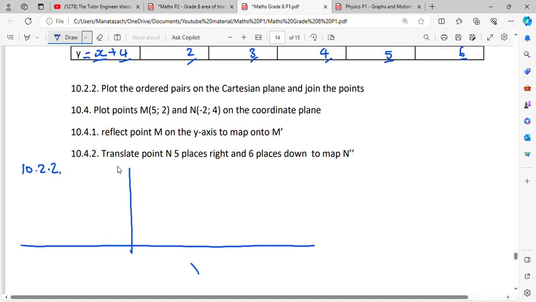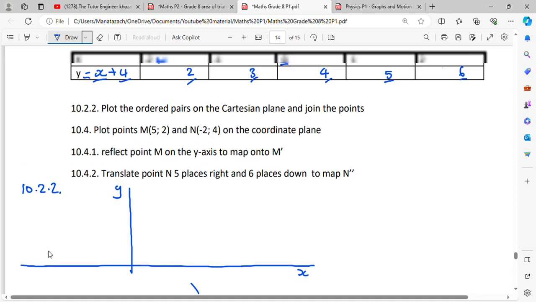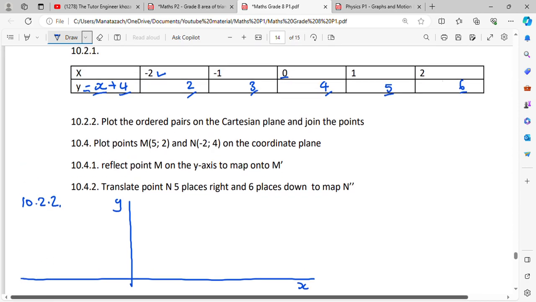Let's name them y and x. X starts at minus 2, minus 1, 0, 1, and 2. Then y, 1, 2, 3, 4, 5, 6.